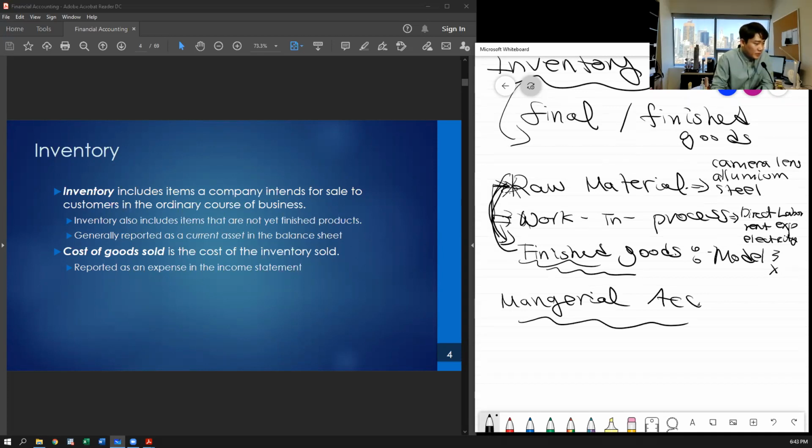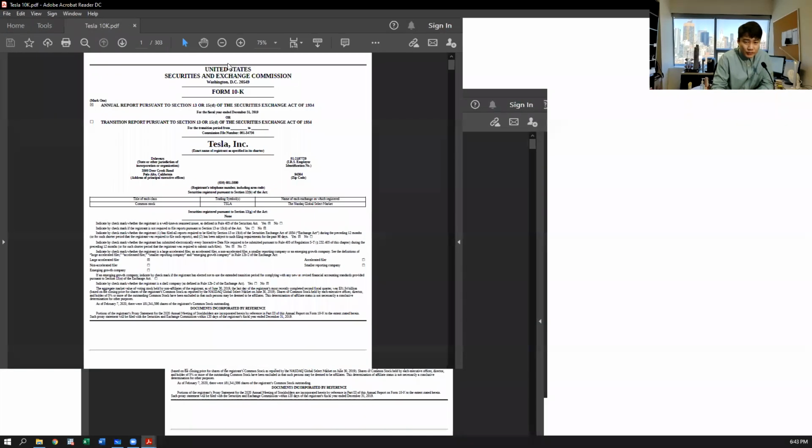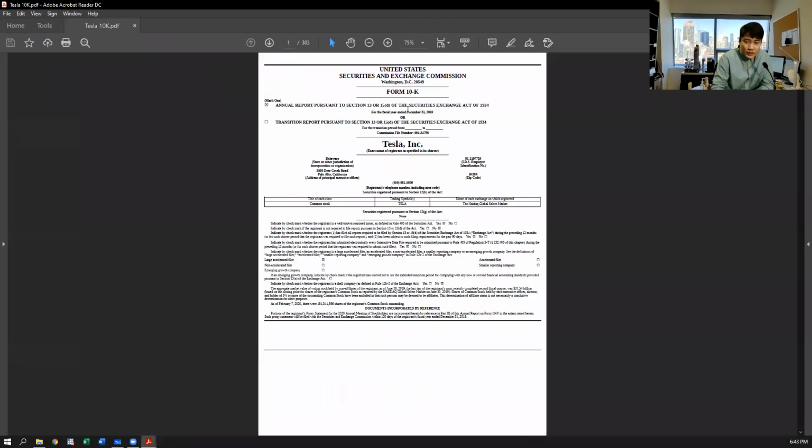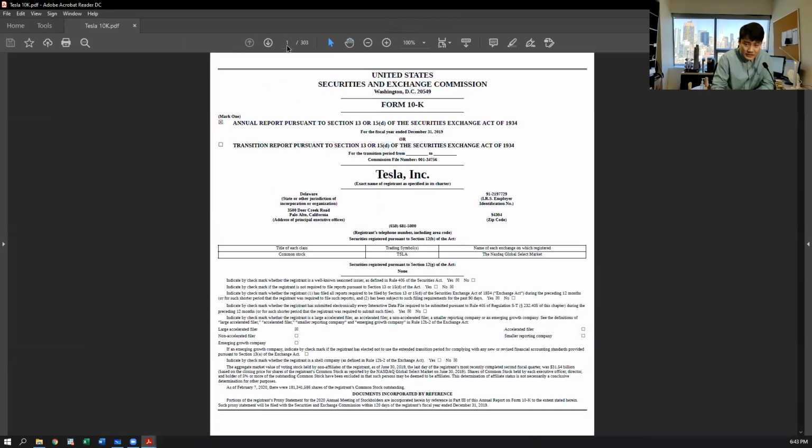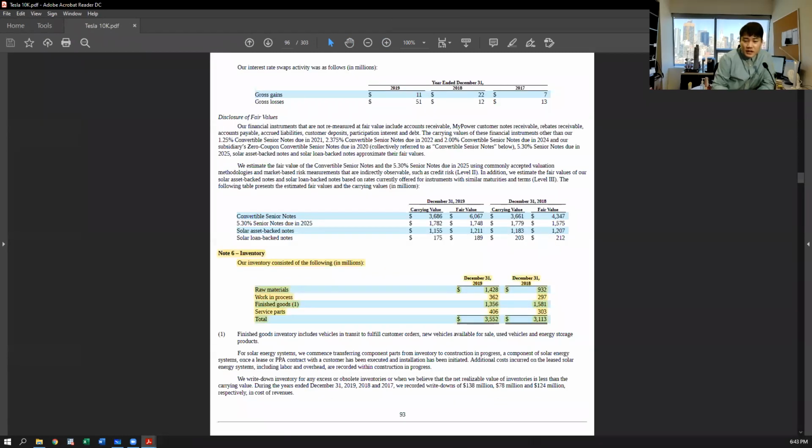Okay, so why don't we take a look at a real world example? Because that's something that I really like. So obviously we have Tesla's financial statement. If I remember correctly, we have a detailed description of inventory. According to Tesla, you have an inventory of, let's just put it, 3,552.